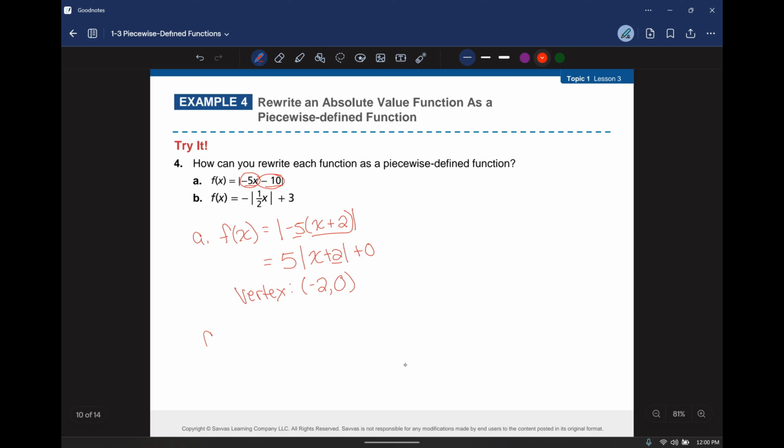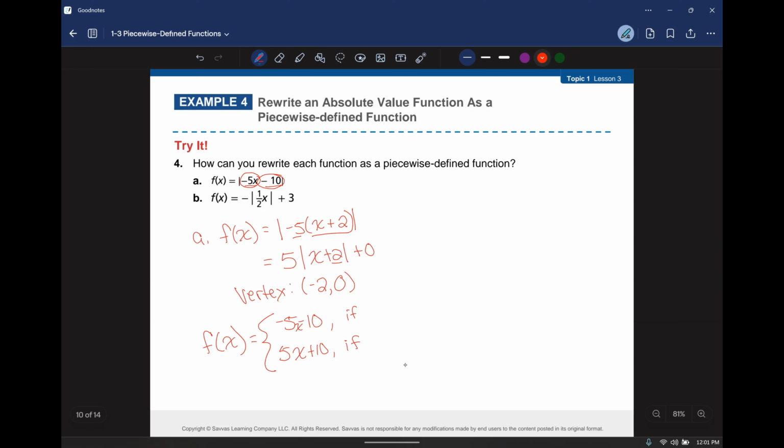So let's break this up into pieces. We don't even need a graph to look at. We already know. We're going to change the sign of both of these and keep them the same. So I'm going to do -5x minus 10 first, and then I'm going to do 5x plus 10. If and if. The -5x minus 10 is actually going to be the left side of my graph.